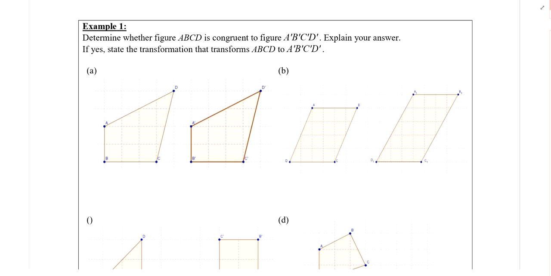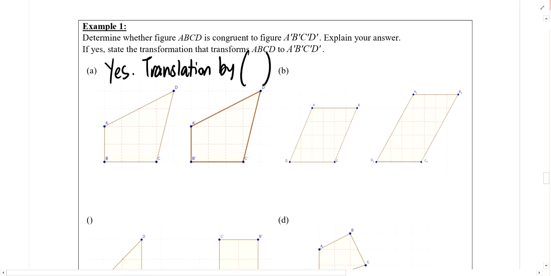If it is a yes, state the transformation that transforms it. For the first one, congruent or not congruent? Yes. What is the transformation? It is a translation. Translation by how much?